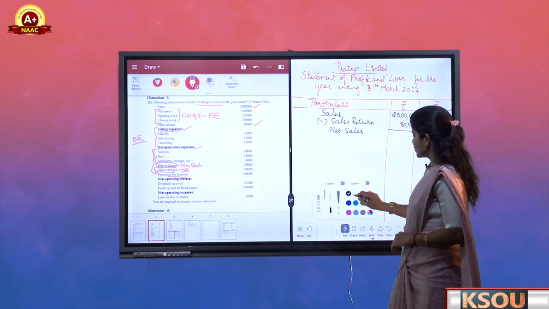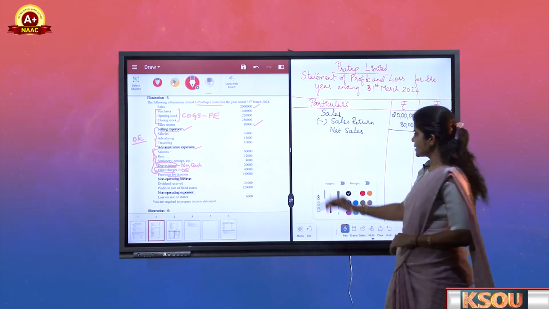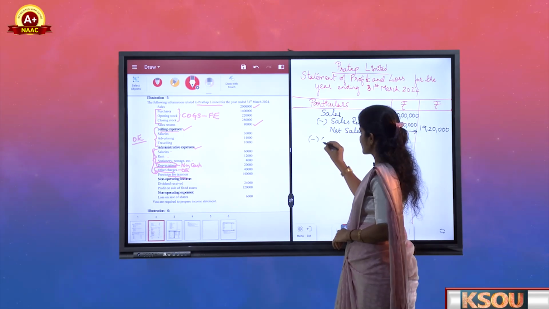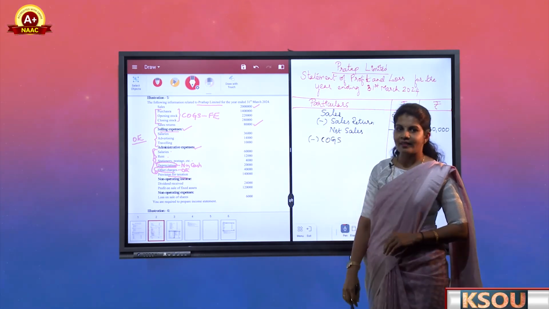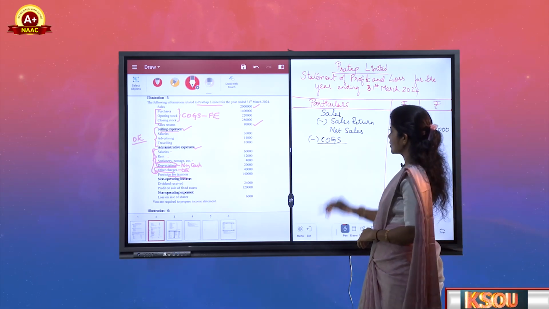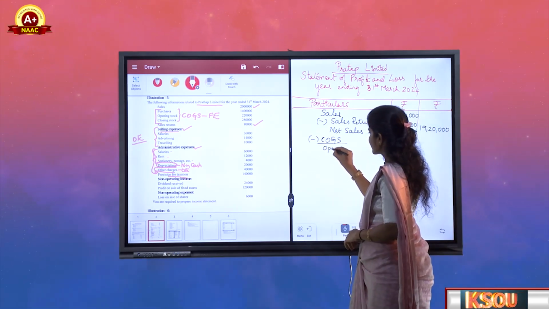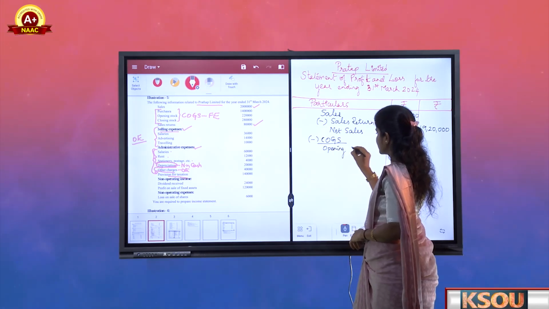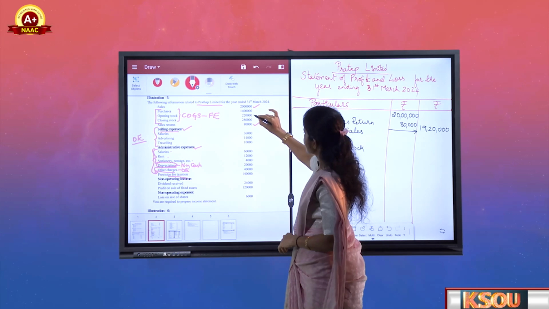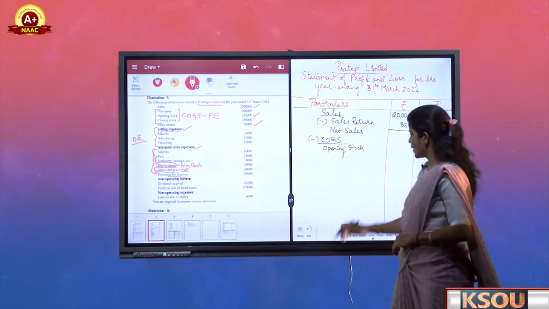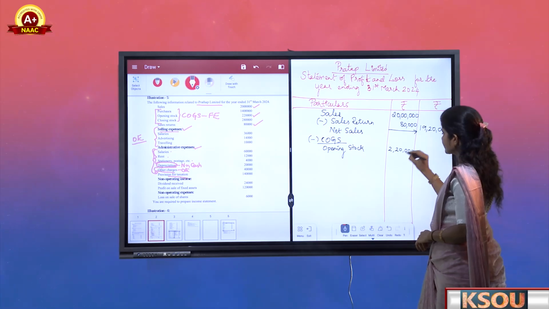Then we have to deduct cost of goods sold from this. So deduct cost of goods sold. Directly, cost of goods sold is not given. We have to calculate it. How to calculate this cost of goods sold? We take the opening stock, which is 2,20,000.